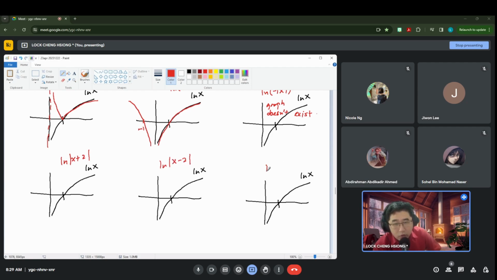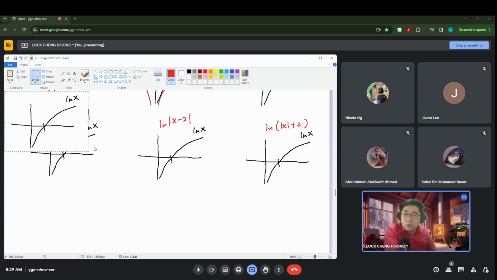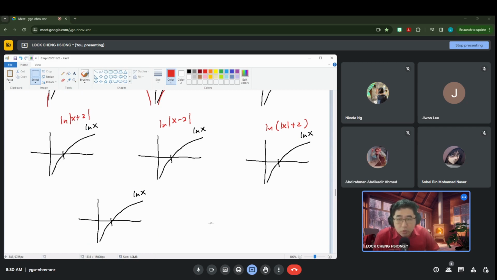Okay, and ln of modulus x plus 2, and one more, ln of modulus x minus 2. Okay, so these types, they are harder questions. These four, they are harder questions. Okay, so let's see how to actually do this.